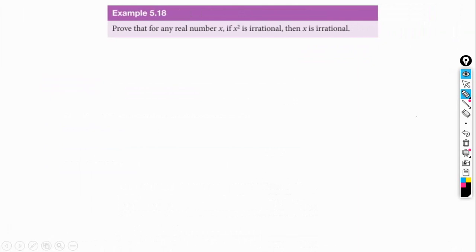So now we're going to take a look at example 5.18, and it says, prove that for any real number x, if x squared is irrational, then x is irrational. So we're going to prove this by contraposition. So we say by contraposition, assume x is rational.